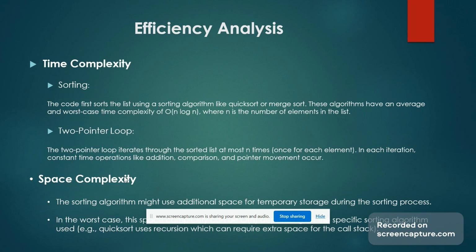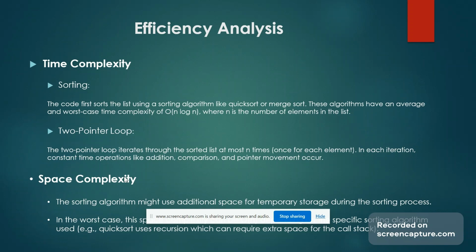Coming to the space complexity, the sorting algorithm might use additional space for temporary storage during the sorting process. Even in the worst case, the space complexity can be O of n depending on the specific sorting algorithm used.